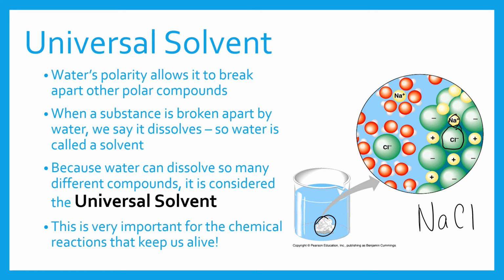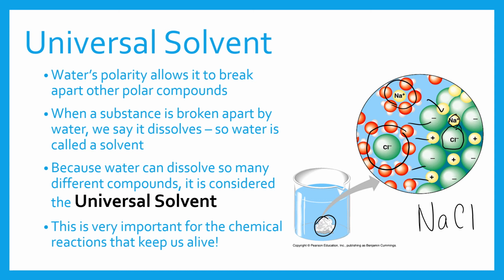Well, the water actually starts pulling all of these little parts, all these atoms, away from each other, and the water will surround the atoms and dissolve it. When something dissolves other things, we call it a solvent. So water is a solvent because it dissolves polar substances.